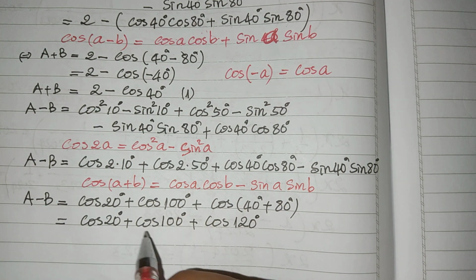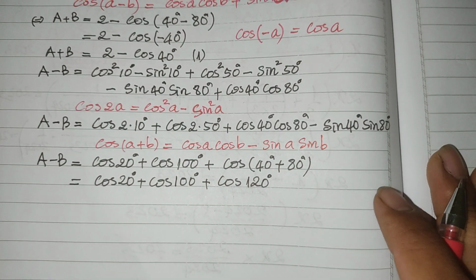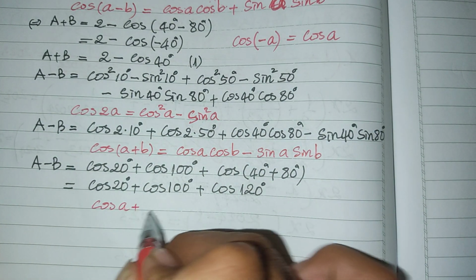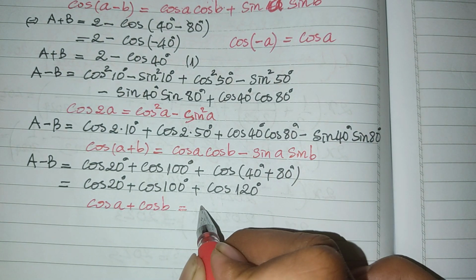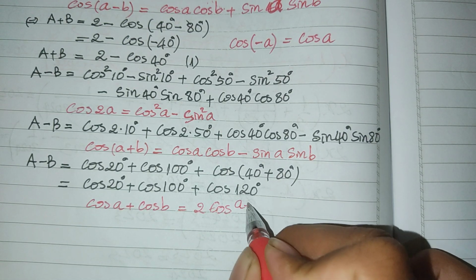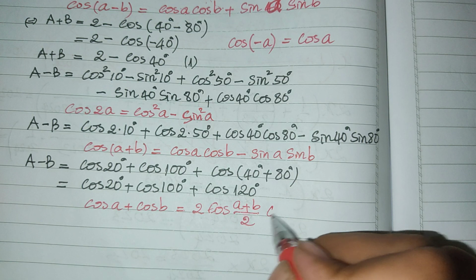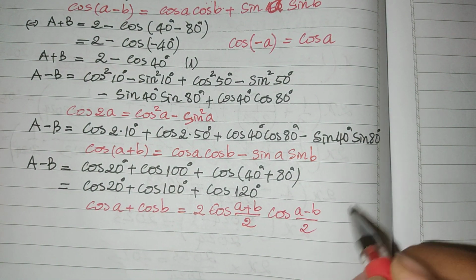And now we use the formula that cosine of a plus cosine of b is equal to 2 times cosine of (a plus b) divided by 2 multiplied by cosine of (a minus b) divided by 2.